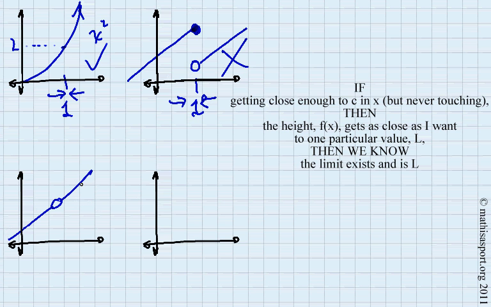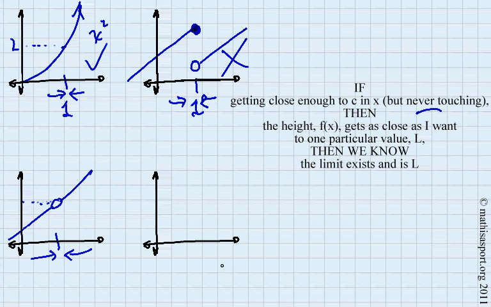And then what about this intermediate case that I drew earlier? Here's the one that it's interesting to think about the definition. Okay? If I get close enough in x to this value, do I get closer and closer to one particular height? Well, the answer is yes. And here's where the but never touching comes in crucially.